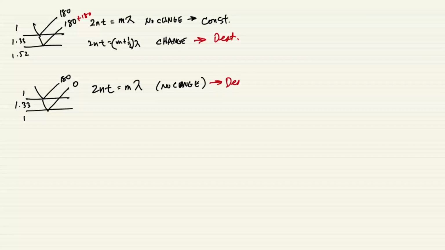Red, doom, destruction. Okay? And then 2nt equals m plus a half lambda. What does it say to do? Change it. And if we change this by adding 180, it now becomes constructive.